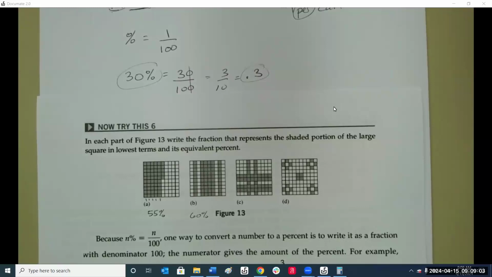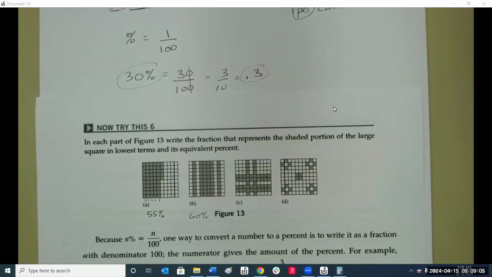How many squares are shaded? You have the sheet. I gave it to you all. If you don't have it, it's in the back when you come in.